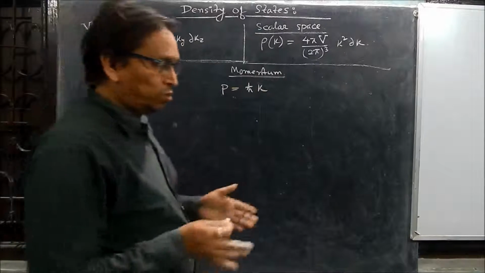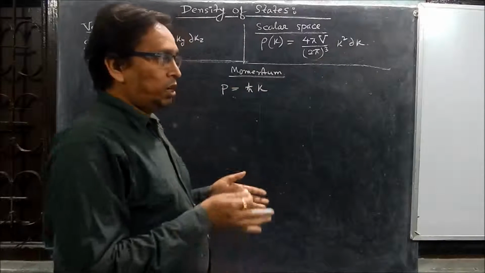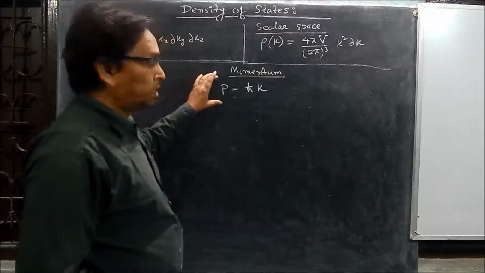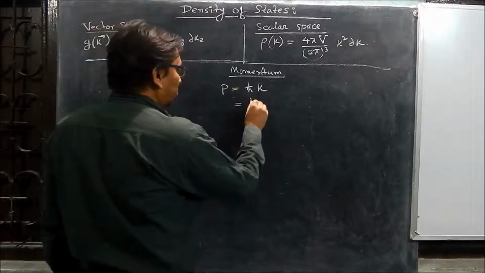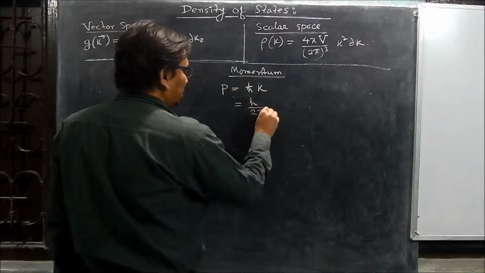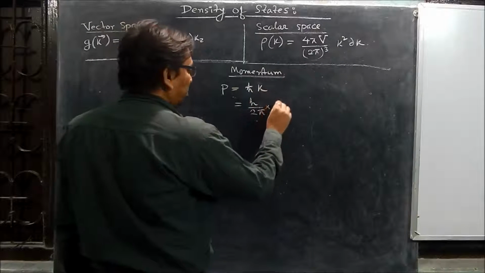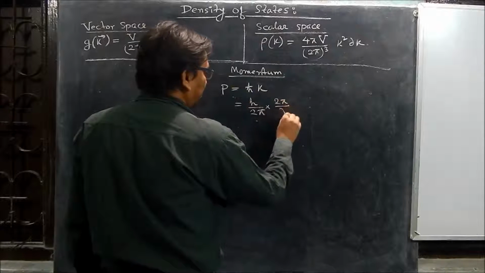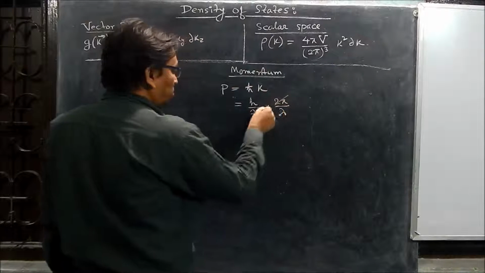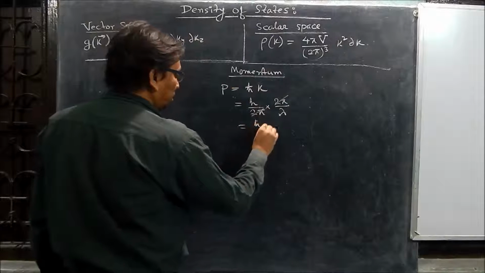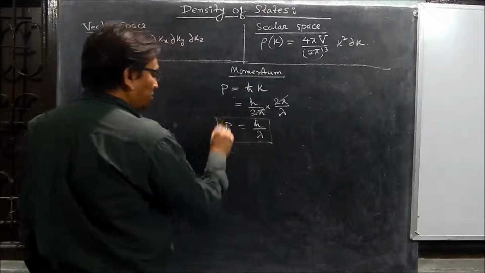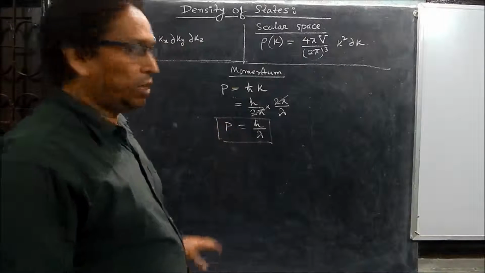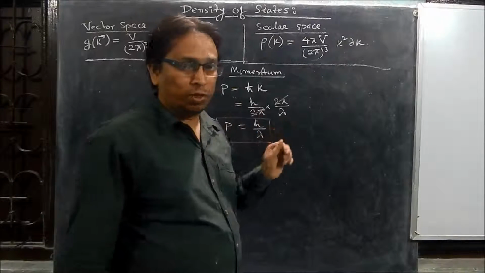Those who are in class 12 or undergraduate should focus here: h bar is equal to h by 2 pi and k is 2 pi by lambda. So this 2 pi cancels, and this is actually h by lambda. You have learned that momentum is equal to h by lambda, which is de Broglie's wavelength.